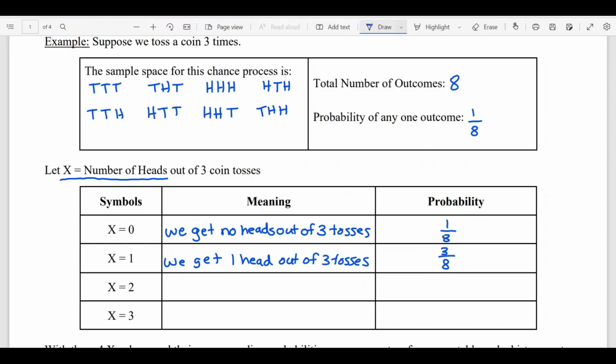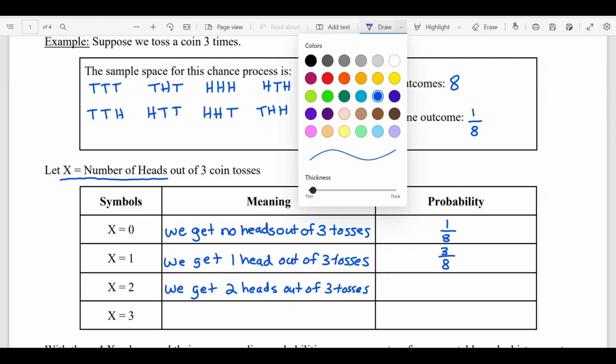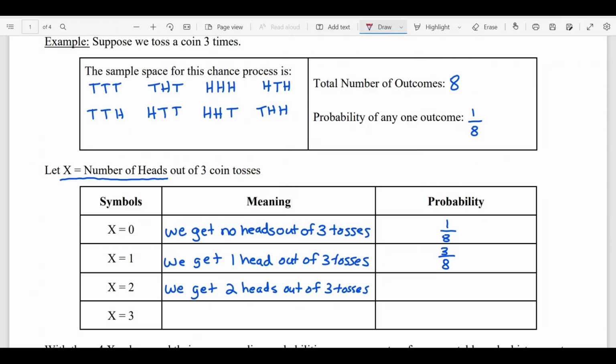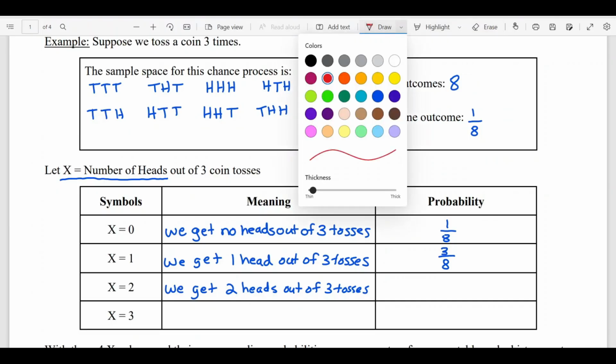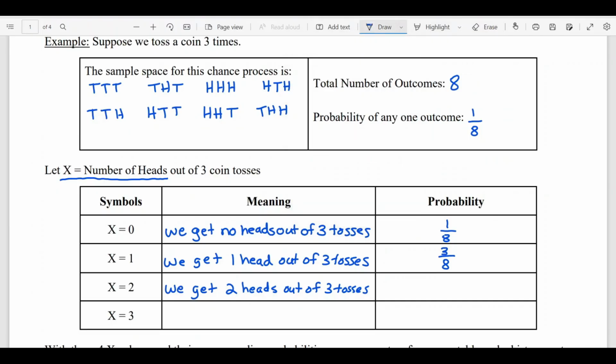Okay, X equals 2. We get 2 heads out of 3 tosses. So we'll look back up at the sample space we drew out, and there are 3 instances where we get 2 heads, here, here, and here. 3 instances out of a possible 8 outcomes, so that probability is also going to be 3/8.